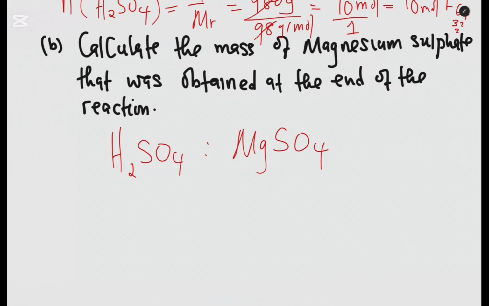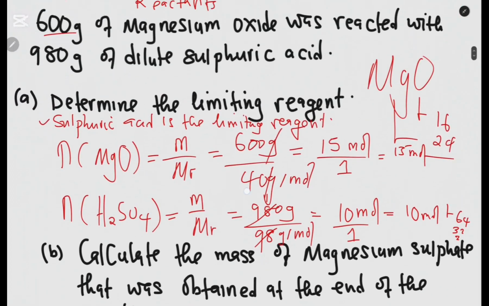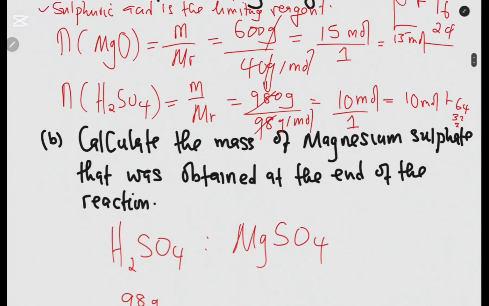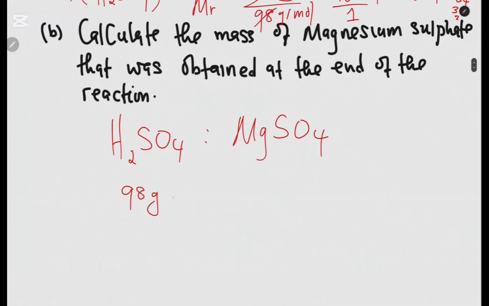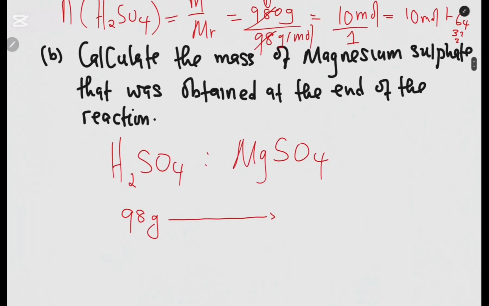Mass to mass requires us to find the relative formula mass, which you already found, which is 98. We treat it as mass, in grams. We are using the units of gram here in the calculations, as you can see. Then 98 gram of sulfuric acid, when it reacts with magnesium oxide, produces what mass of magnesium sulfate?